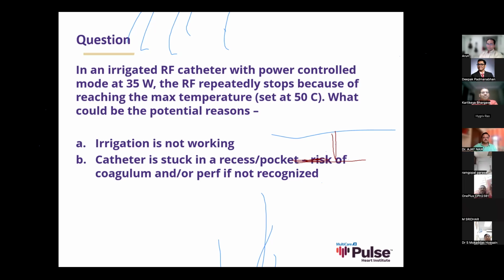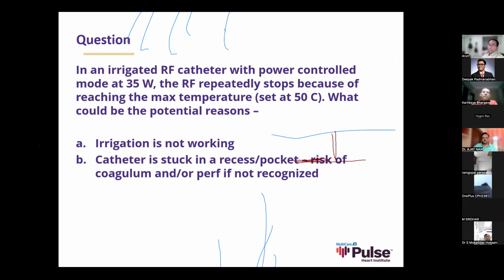Okay, so sharing the results. Those are gambling. Actually, you guys are right. I made a mistake with this question. I should have had a third option, which should say both. So this became a trick question. I didn't intend it to be a trick question. When you have temperature which keeps going up, these are the two most common things. You should immediately check if your irrigation port is on or not, and you should also check if your catheter is stuck in a recess or a pocket, because if you don't recognize that, you can end up perforating it.